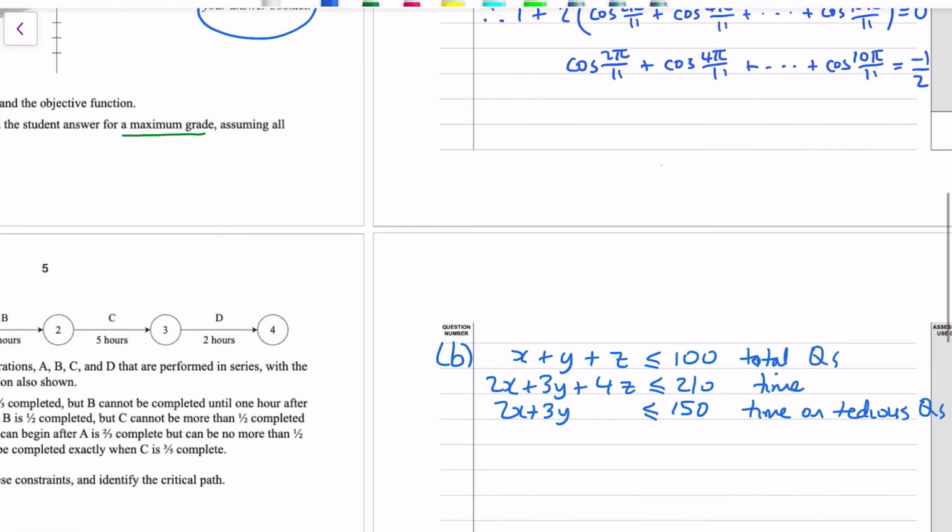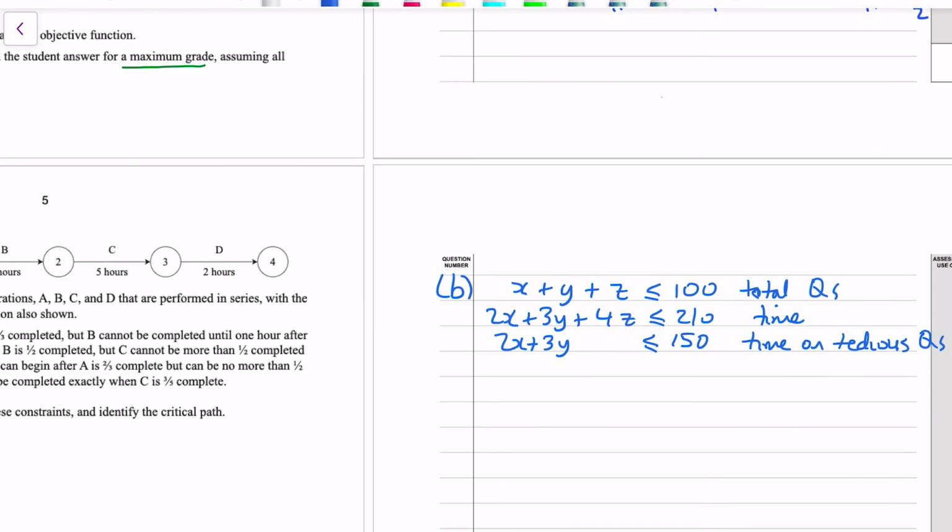So just looking at that alone, if 2x plus 3y has to be less than or equal to 150, then 4z must be greater than or equal to 60, and z is greater than or equal to 15. If that blue thing is less than or equal to 150, then to make up the difference to get to less than or equal to 210, 4z must be greater than or equal to 60.